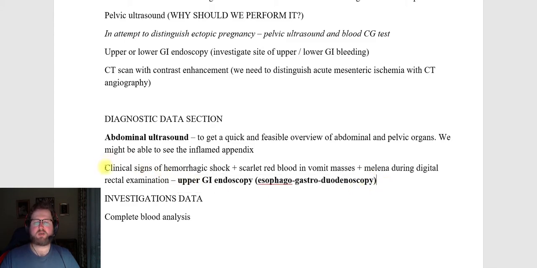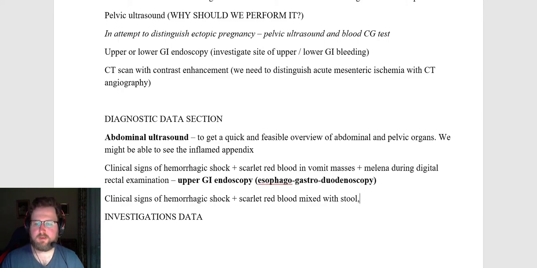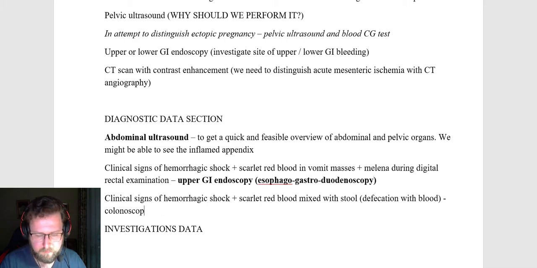But in cases if you will see signs of clinical shock and scarlet red blood mixed with the patient's stool, or in some severe cases even defecation with blood, in this case you probably won't need upper GI endoscopy, but you'll need the lower GI endoscopy, which is colonoscopy. Performed, of course, after bowel preparation.